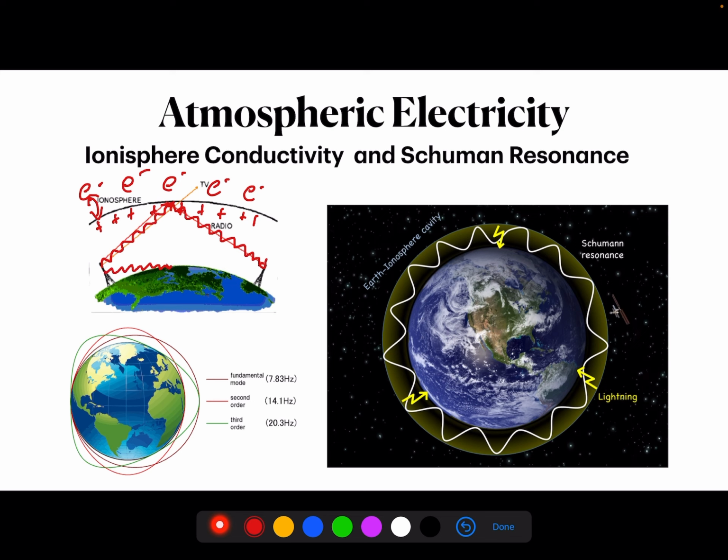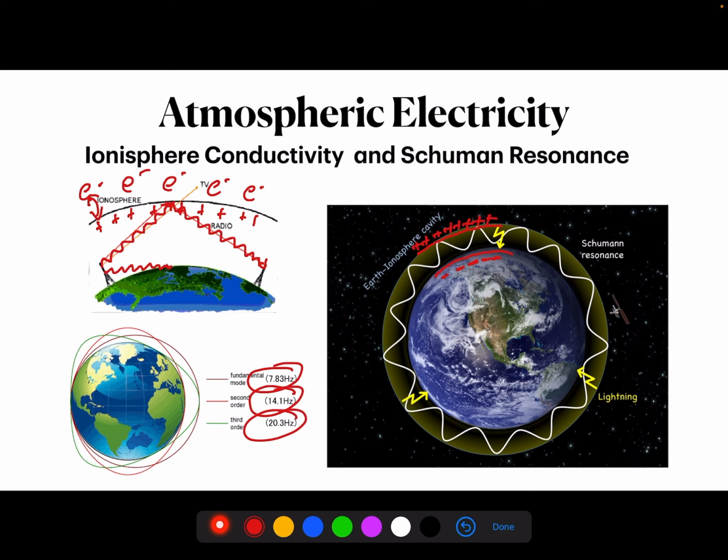Now, you can think of the ionosphere as this cavity where we have a conducting shell here and a conducting shell here. The Earth will say it's negative, and this part of the ionosphere will just say it's positive. And you get these very distinct frequencies. So here we have 7.83 hertz, 14.1 hertz, and 20.3 hertz.